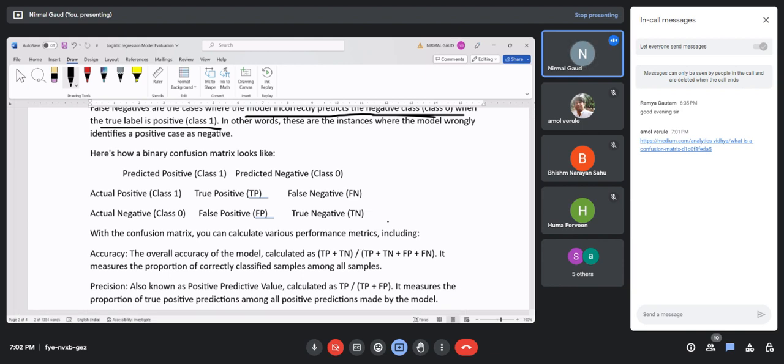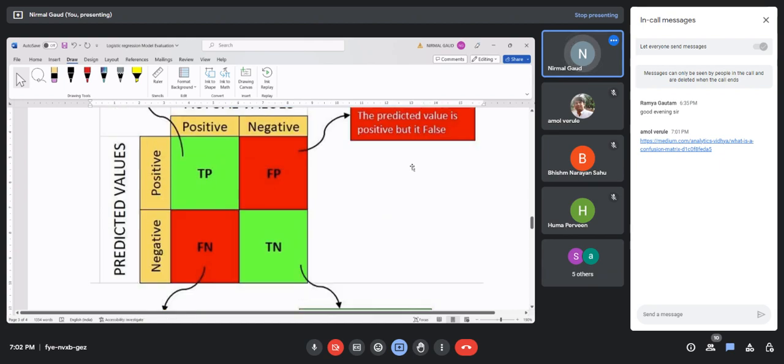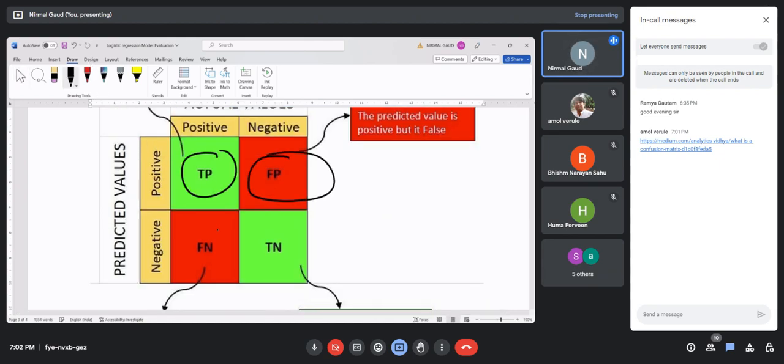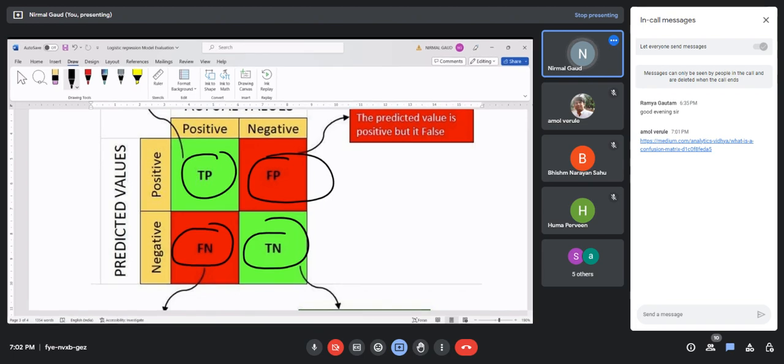TP, true positive, false negative, true negative. That's what they used in the confusion matrix.